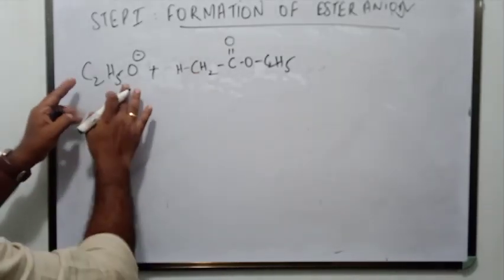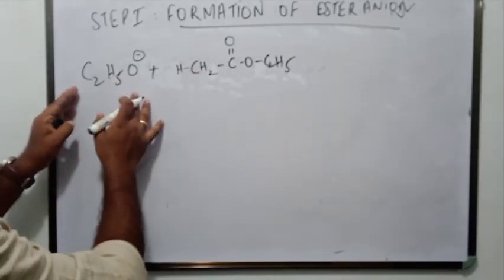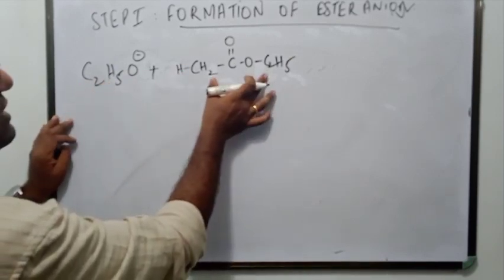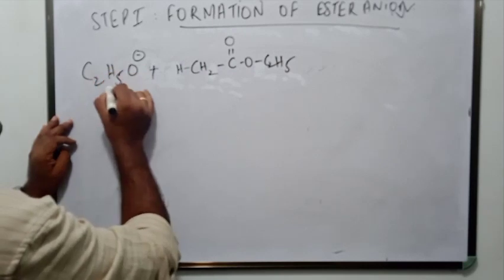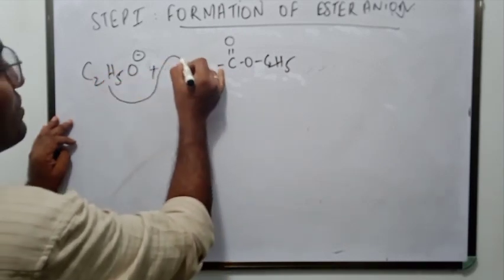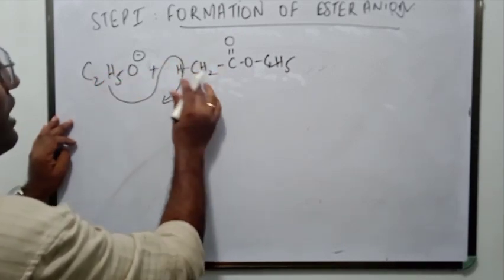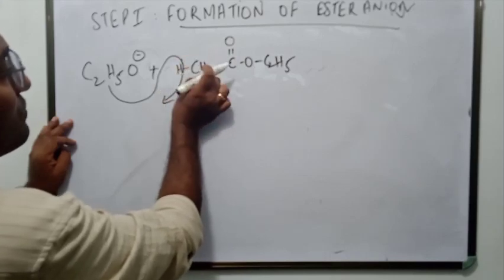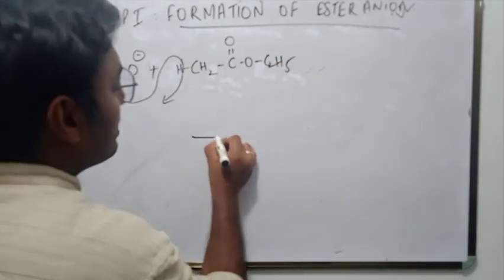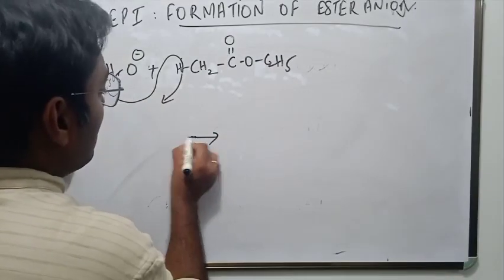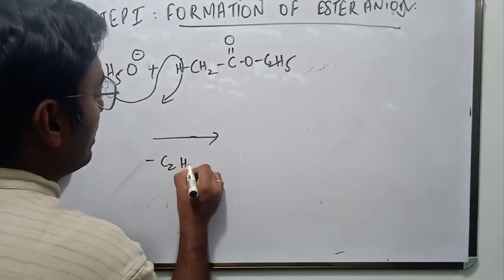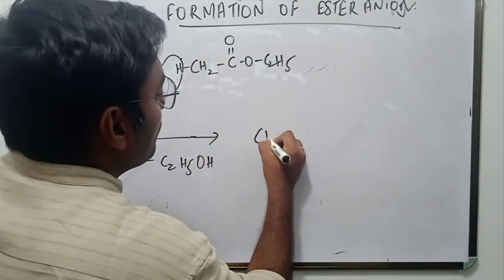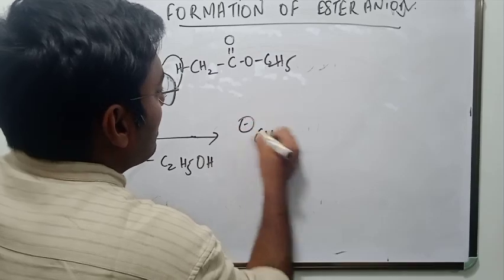Now the ethoxide ion is such a strong base that it knocks out a hydrogen of this ester. So this actually knocks out this, and hydrogen leaves its pair of electrons with this. So what you get is elimination of ethanol and formation of ester anion.